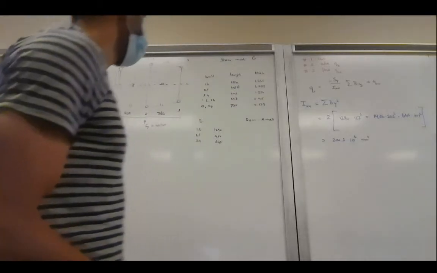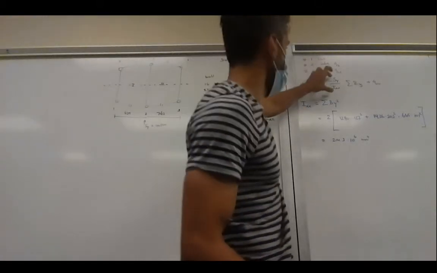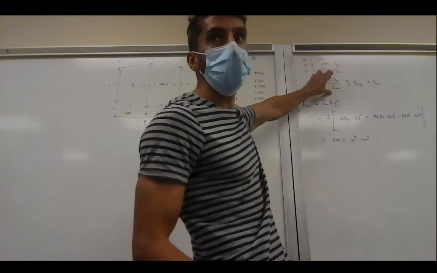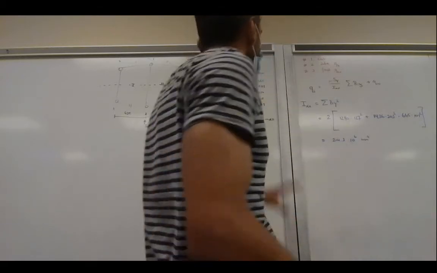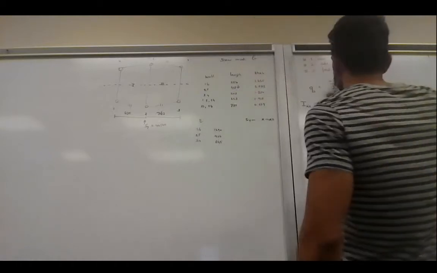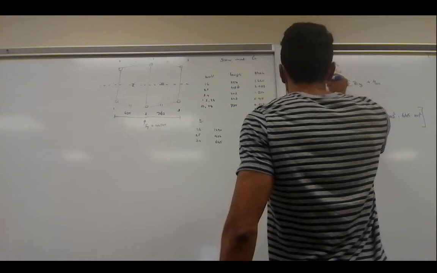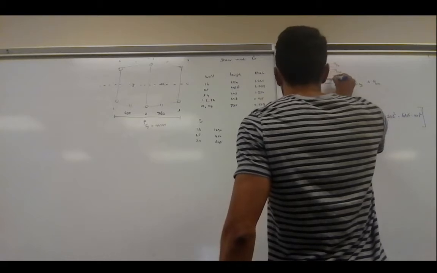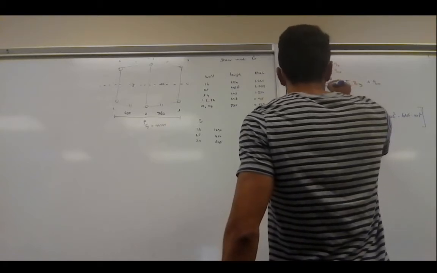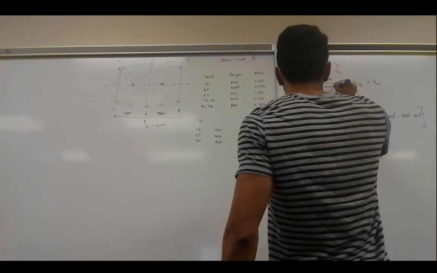And again, what we did in the past is we use this as just a number. It's a bit easier to calculate. So for SY over IXX, we do the same thing: minus 44,500 over 214.3 10 to the power 6.